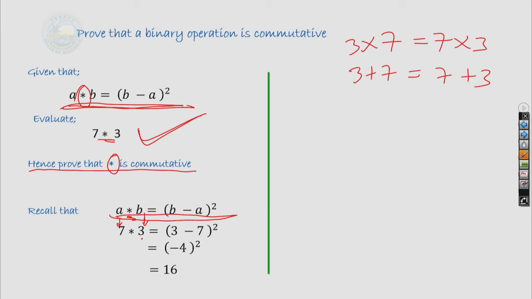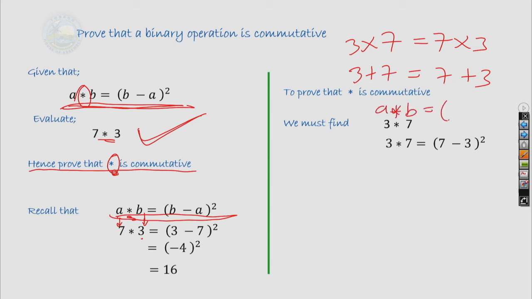Now what they want us to prove is that this star operation is commutative. So to prove that the star operation is commutative, we must prove that 3 star 7 is the same as 7 star 3. So we need to find 3 star 7. What is 3 star 7? Remember our definition of our binary operator in this instance, that star operation: A star B is equal to B minus A all squared.